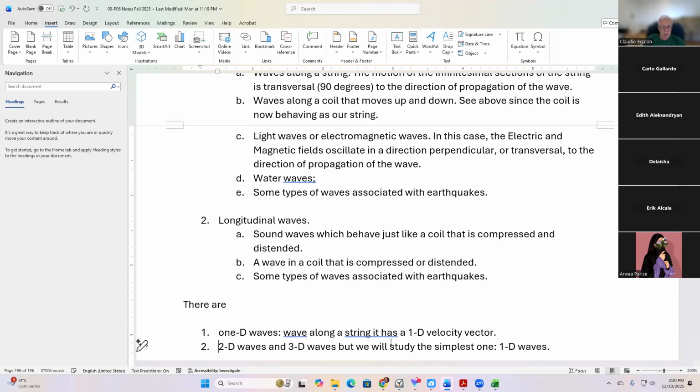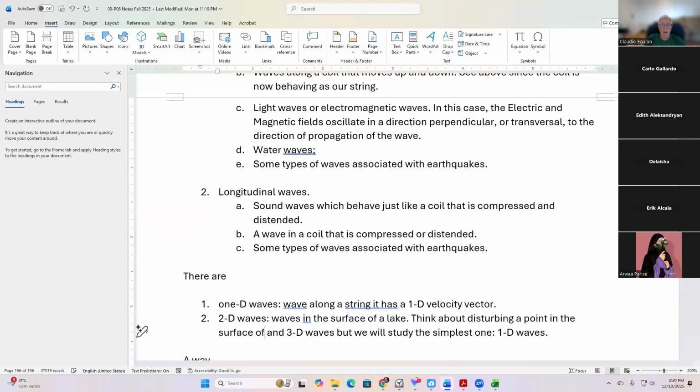Okay, what about 2D waves? Waves on the surface of a lake, right? Think about disturbing a point on the surface of the lake.